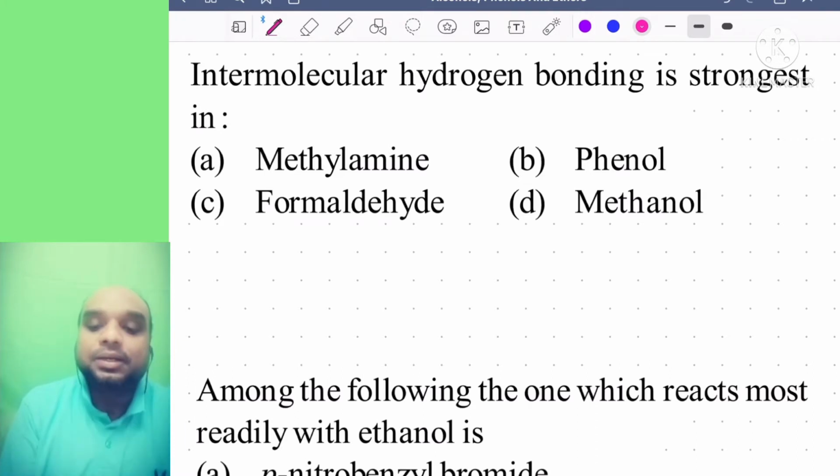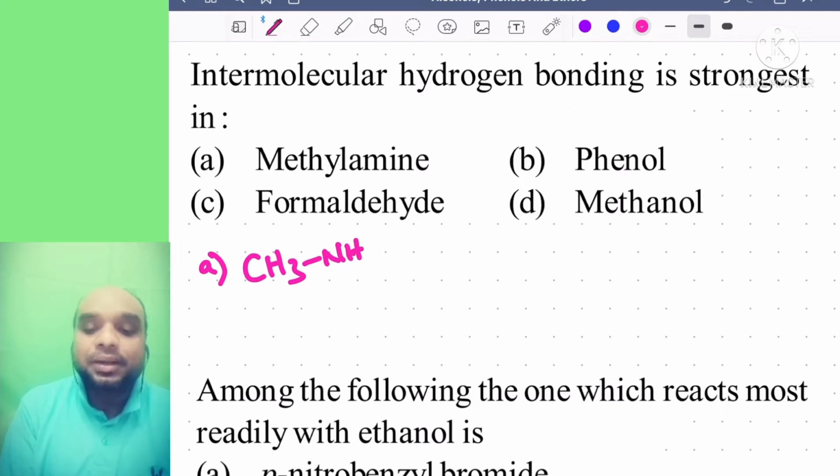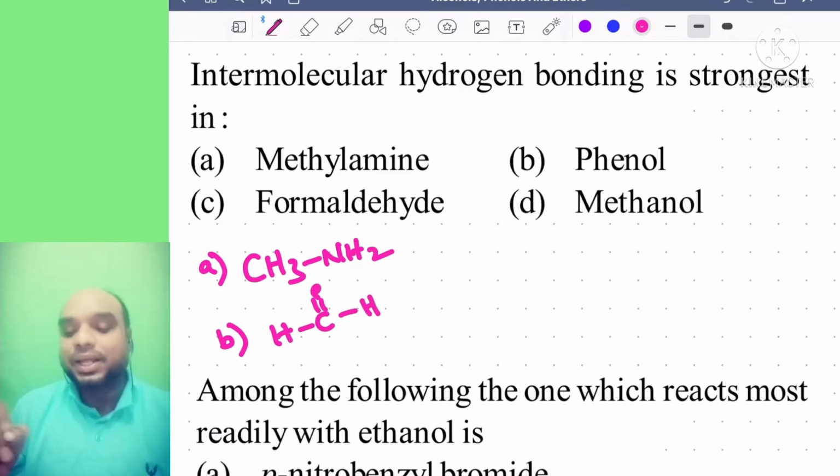Here, compounds A, B, C, D are given. First, A is methylamine. Methylamine can form hydrogen bond, but not like oxygen. Next, formaldehyde. In formaldehyde, hydrogen is not directly bonded to oxygen, so there is not much strong hydrogen bond.